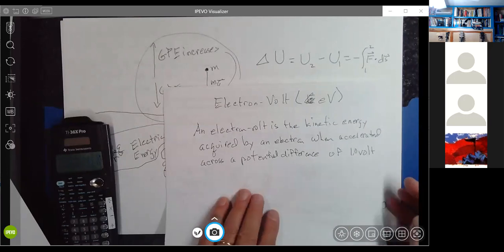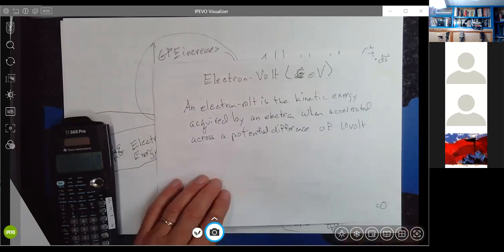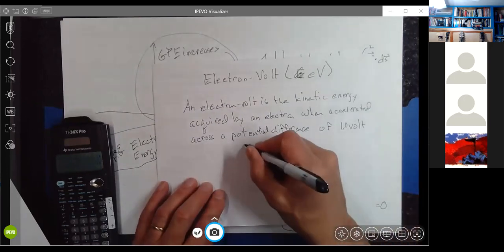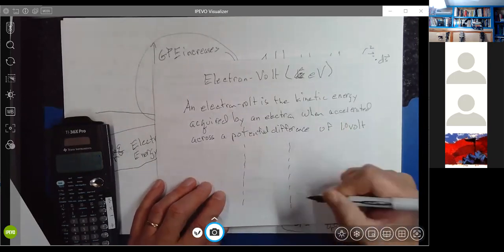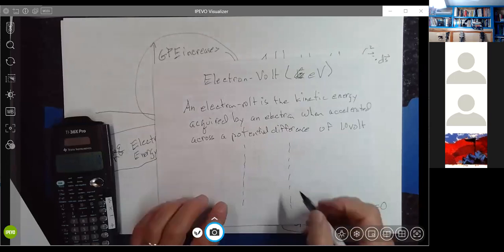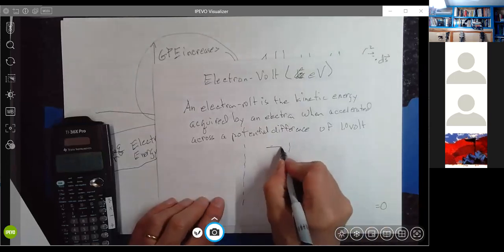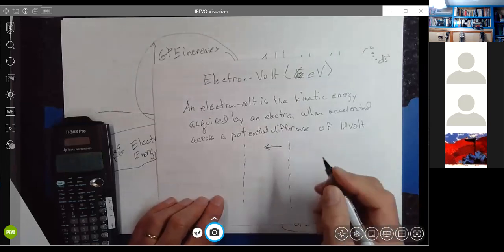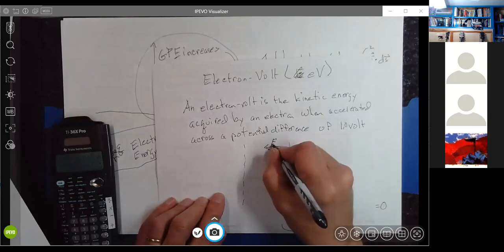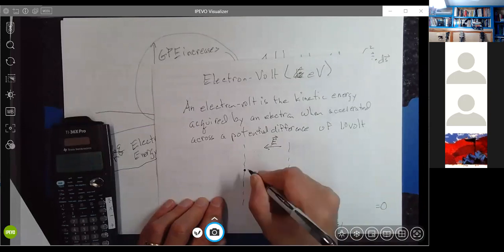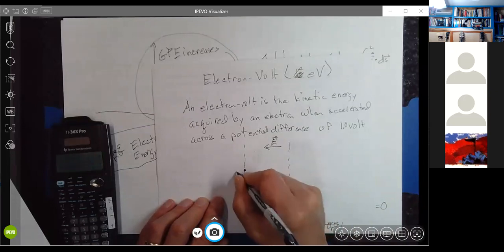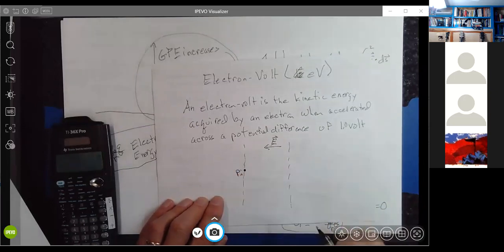So let's imagine that we have some region of space, and you have to think about how this is going to work. We'll imagine that the electric field points in this direction, and here is the initial position of the electron, P initial.